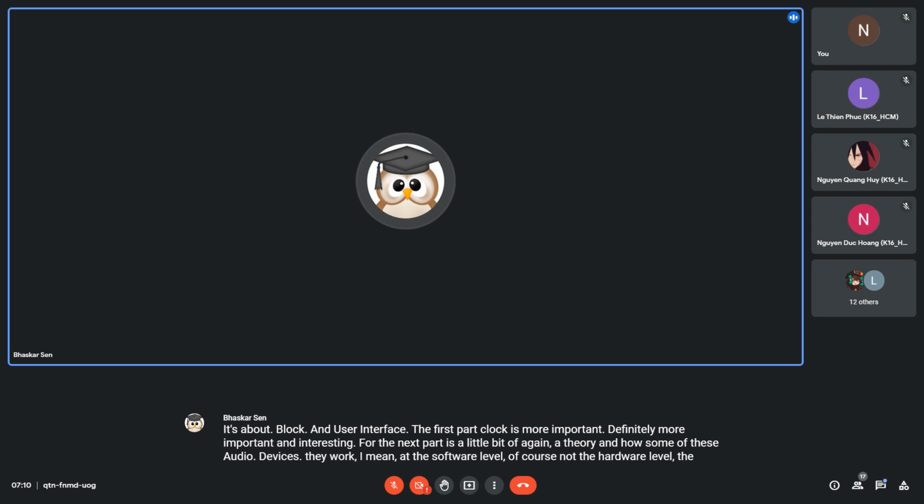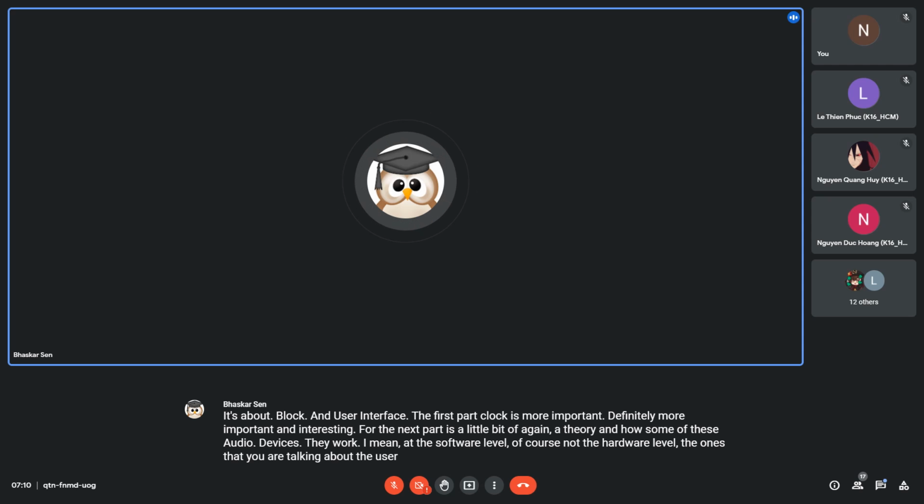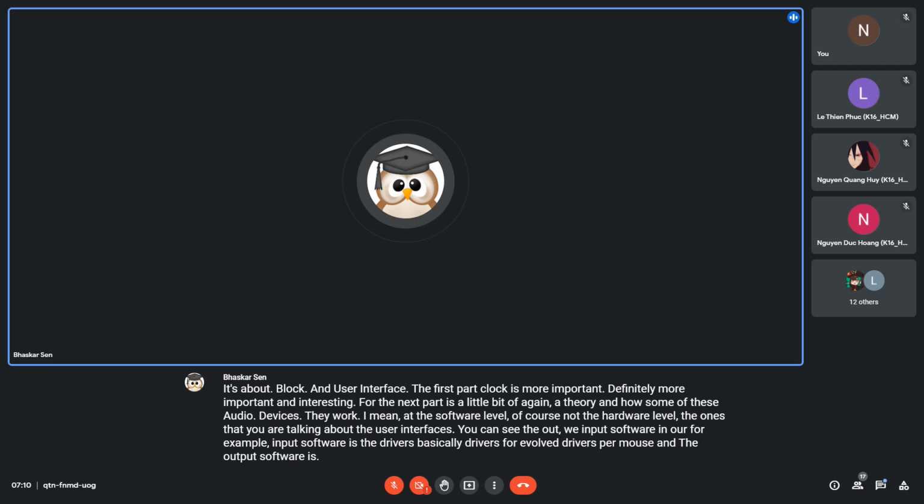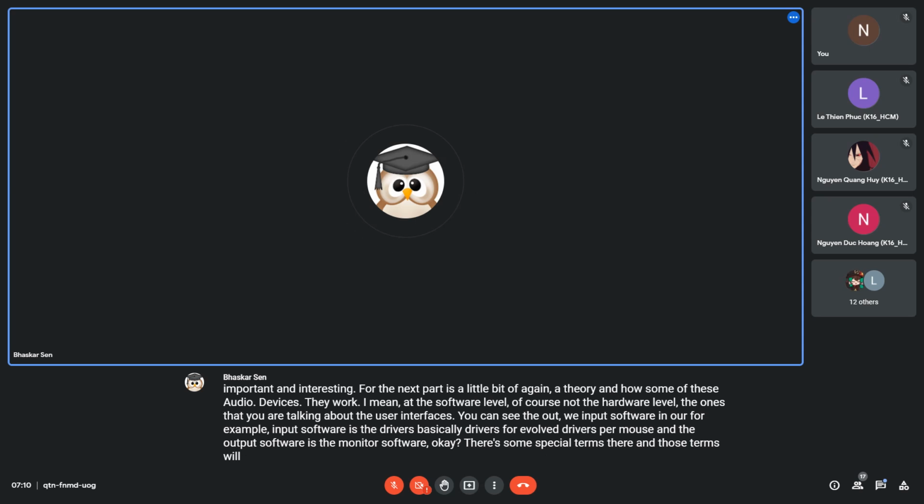The user interfaces, you can see the input software and output software. For example, input software is the drivers, basically drivers for keyboard, drivers for mouse, and the output software is the monitor software. There are some special terms there, and those terms we'll have to remember. That's it. And how it works, some very fundamental ideas.